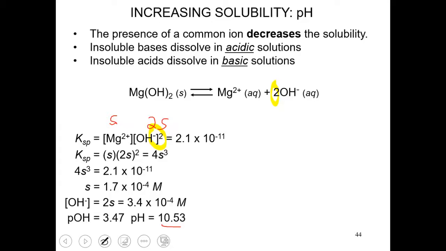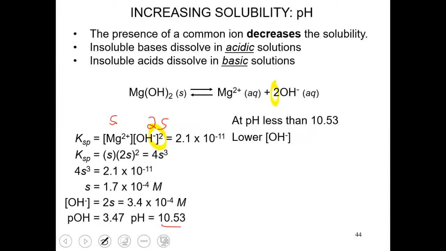Okay, so let's do this. Let's ask, what happens if I change the pH of the solution? For example, what if I add some acid and I make the pH less than 10.53? So what I'm doing in effect is lowering the pH, which means I'm lowering the hydroxide ion concentration. I'm less basic, right?